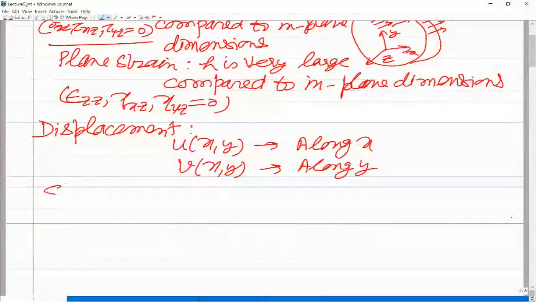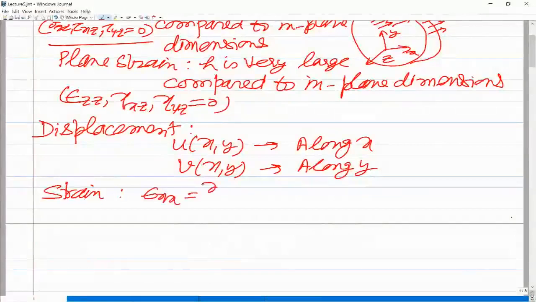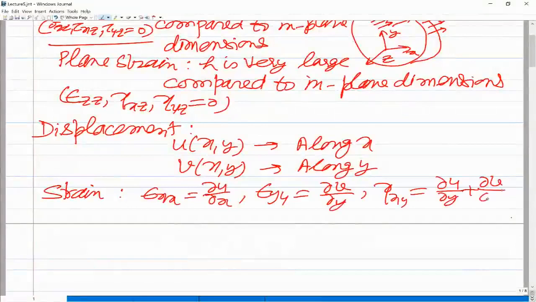We are going to work with these variables, which are the primary variables for the problem. If you look at the strain, epsilon xx is del u by del x, epsilon yy is del v by del y, the normal strains, and the shear strain gamma xy is del u by del y plus del v by del x.